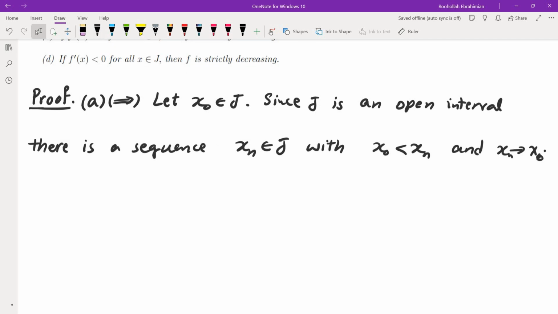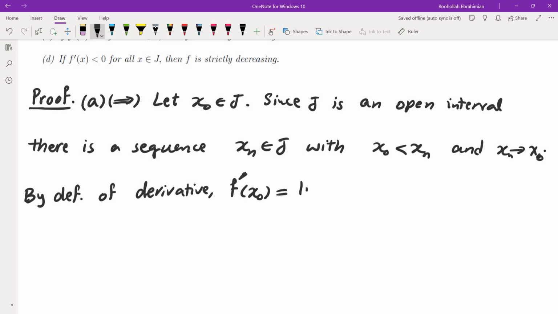Now, by definition of derivative, f prime of x naught is the limit as x approaches x naught of f of x minus f of x naught over x minus x naught.